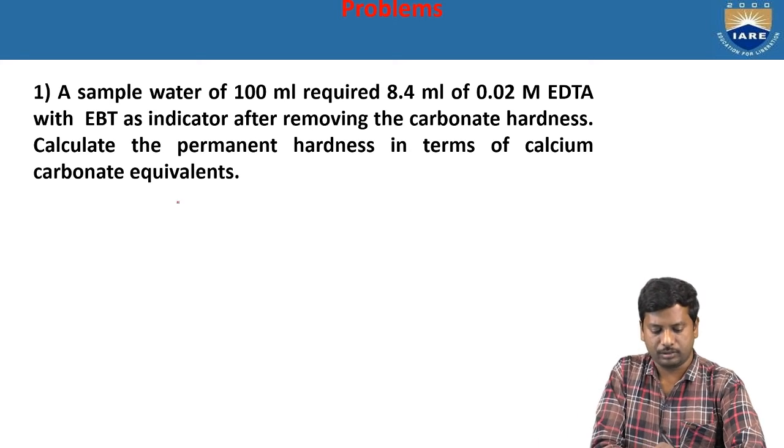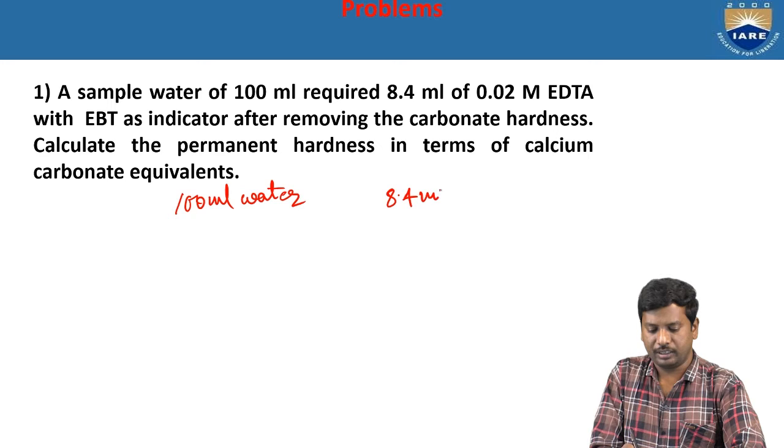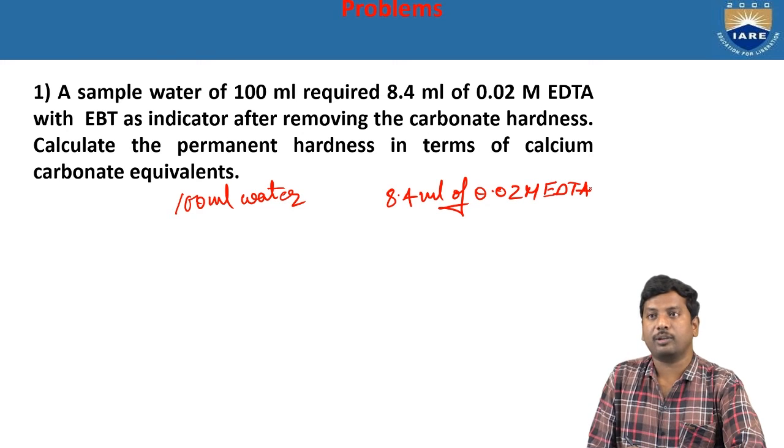Now the given data: for 100 ml of the water, 8.4 ml of 0.02 molar EDTA with EBT as indicator after removing the carbonate hardness. That means the remaining is permanent hardness, non-carbonate hardness.